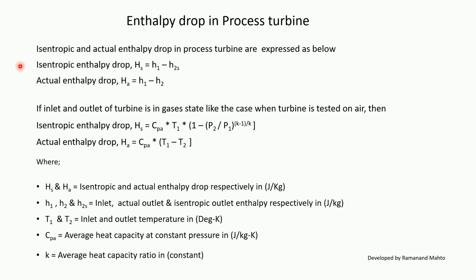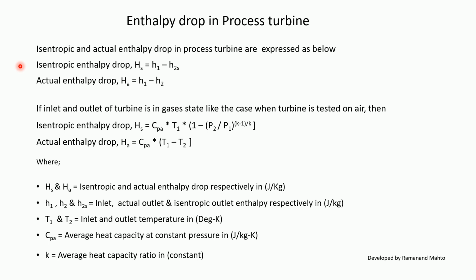If inlet and outlet of turbine are in gaseous state, like in the case when turbine is tested on air, in that case, isentropic enthalpy drop HS is equal to Cpa into T1 into [1 minus (P2 by P1) to the power (K minus 1) upon K].